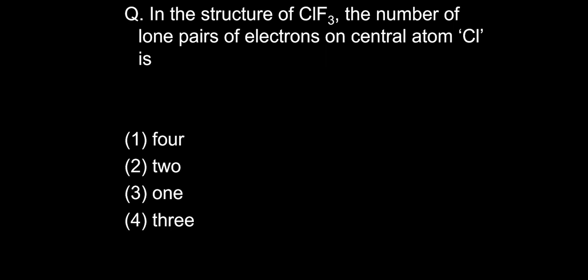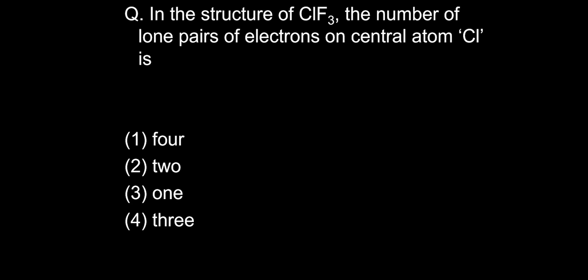Let us move to the next question. In the structure of ClF3, the number of lone pairs of electrons on the central atom Cl is: 4, 2, 1 or 3. To find the lone pairs or the structure, first what you need to know is VSEPR theory. I have discussed many other structures in my previous video.